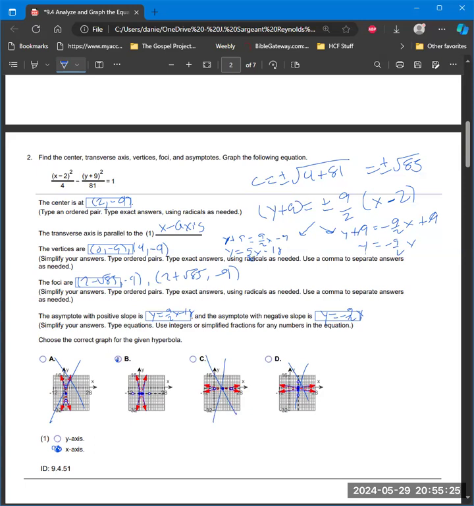It's going to go through the foci that are shown in blue. So the foci have to be inside the curvature of the hyperbola. I don't know if I'm making sense, but see how these are opening towards the foci. These are not opening towards the foci. They have the foci in blue, and the hyperbola was not opening towards the foci there.